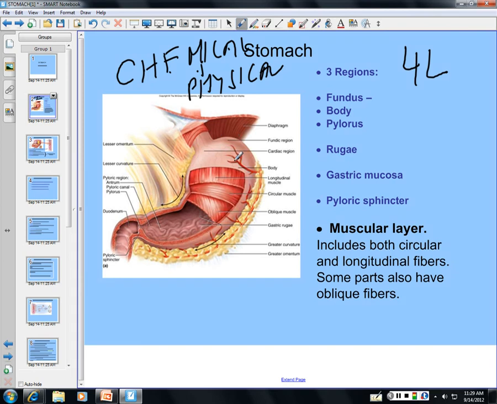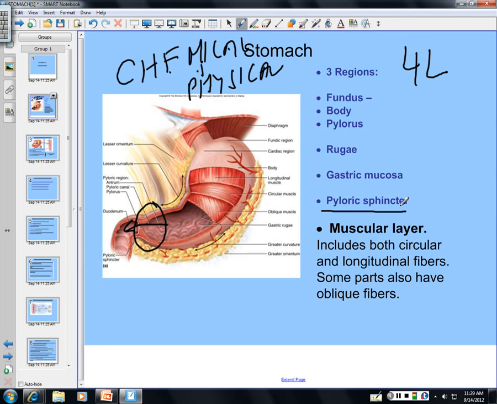There's the body, the main part of the stomach, and then finally the pylorus right here, the pyloric end, through which the food enters into the duodenum, the entrance of which is controlled by a sphincter called the pyloric sphincter.